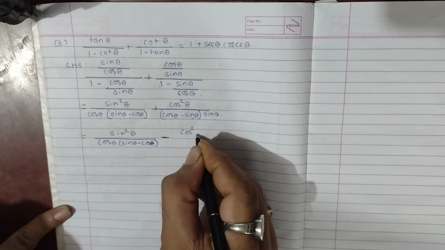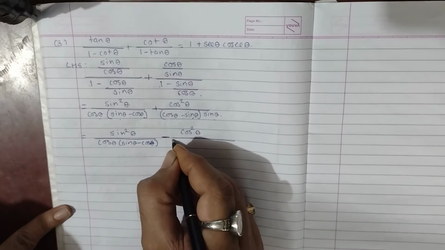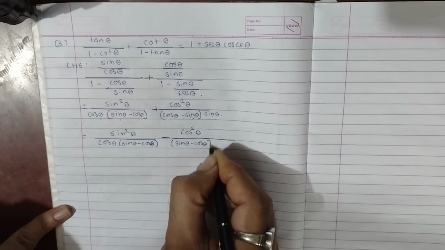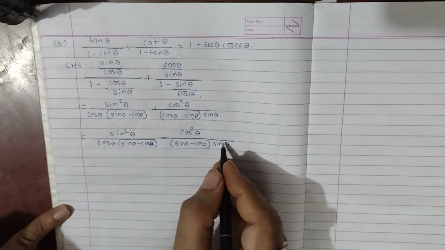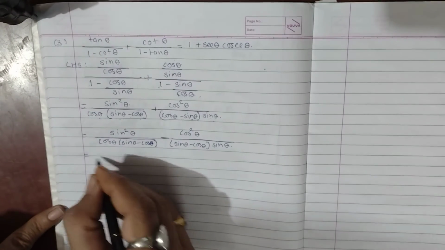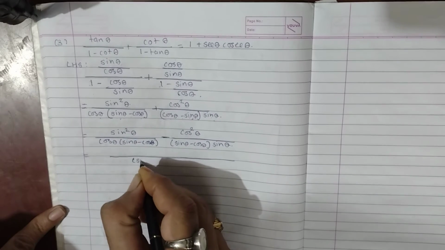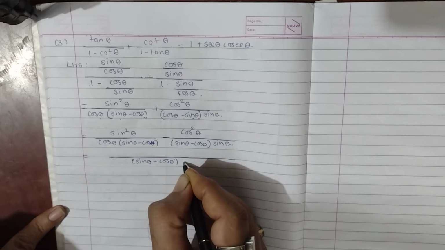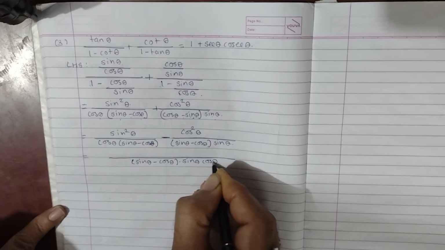Then cos square theta upon sin theta minus cos theta, and here sin theta. Now the LCM will be sin theta minus cos theta, and in multiplication sin theta and cos theta.